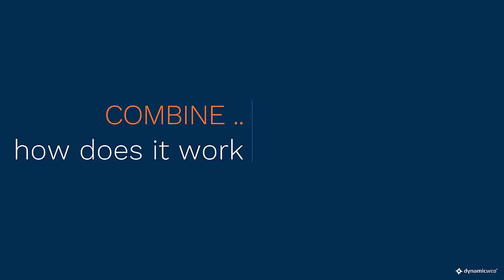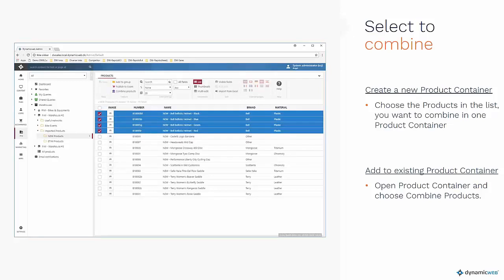So how does the combined function work? Now, if we make an example of imports of products, as I showed before, we can combine products in two ways. We can, in the list of the imported products, choose the products we want to be combined into the same product container.